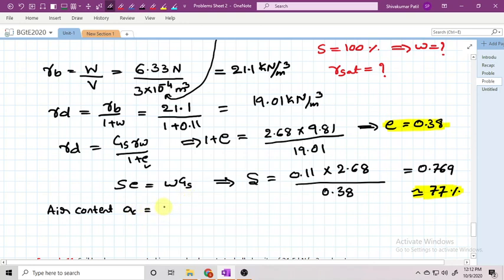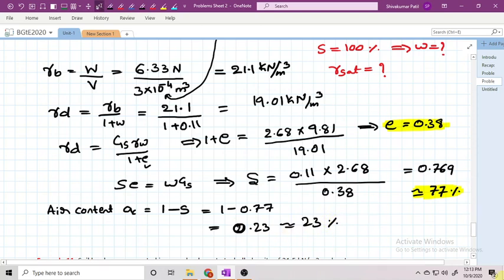AC is nothing but 1 minus degree of saturation. So 1 minus 0.77, it will be around 0.23. So 23% is the air content.